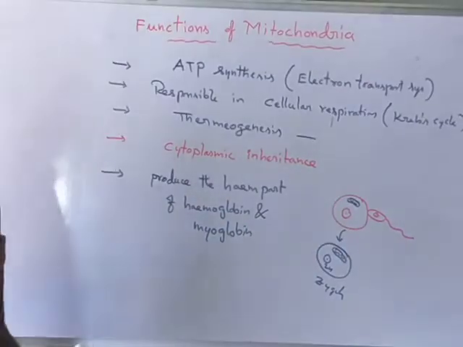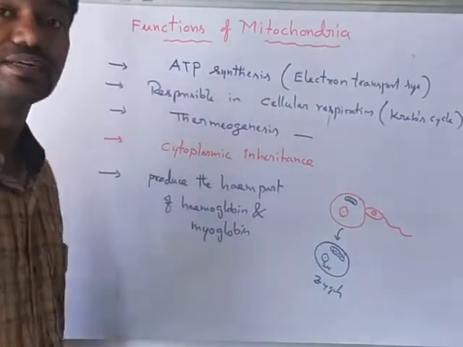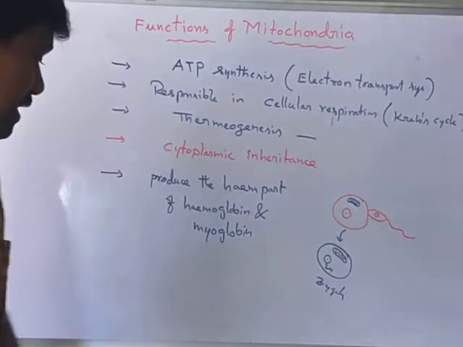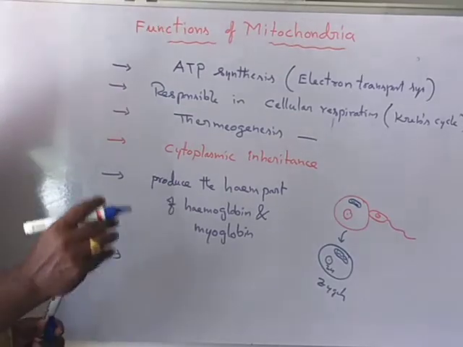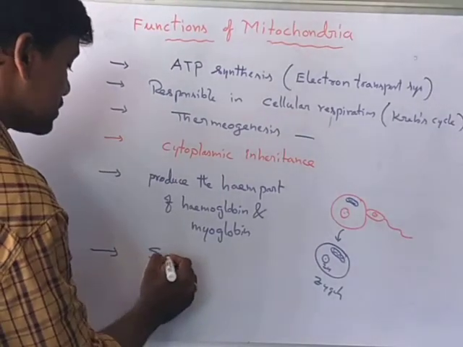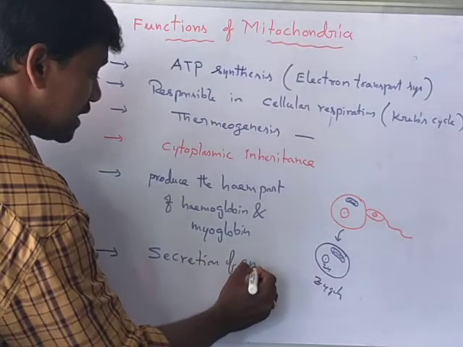Mitochondria produce the heme part of hemoglobin and myoglobin. Okay, right. There is another function, which is secretion of enzymes.